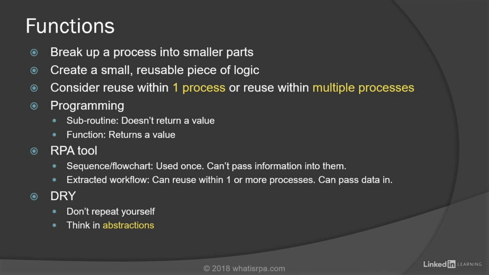If you've got a CRM like Salesforce, for instance, multiple robots may need to log into Salesforce to do some work. So that's a perfect case to extract the steps for logging into Salesforce into a workflow that can be reused within one or more robots. In the next two videos, let's have a look at how we can use functions within traditional programming and an RPA tool.